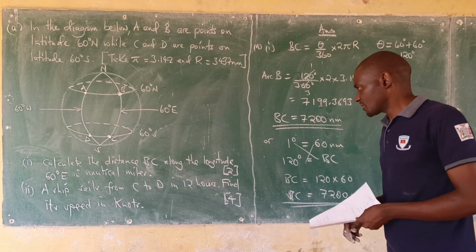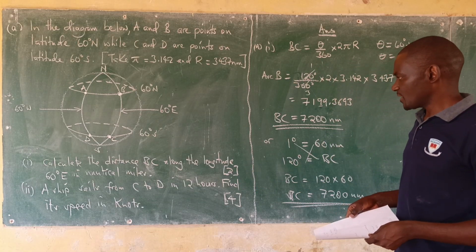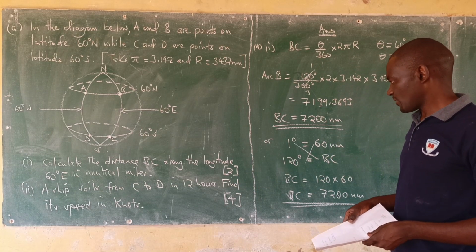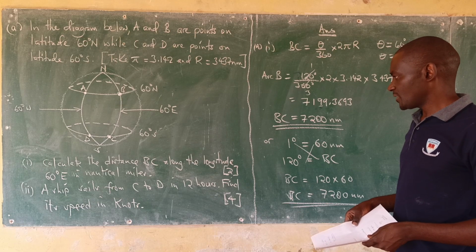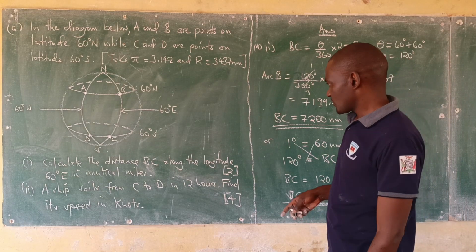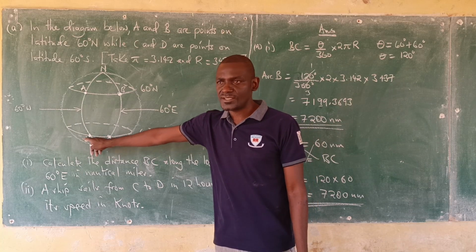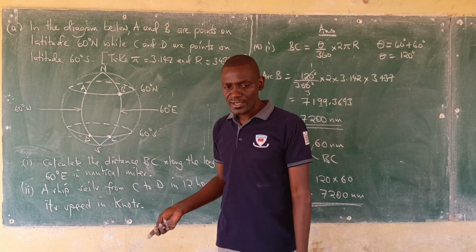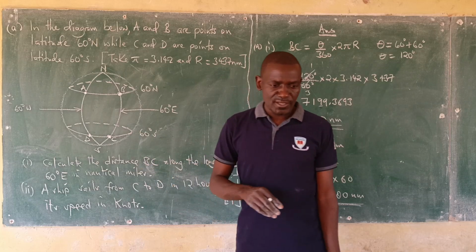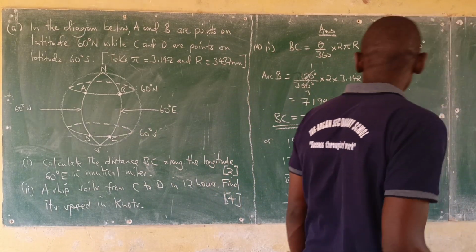The next part says, a ship sails from C to D in 12 hours. Find its speed in nautical miles. So there is a ship sailing from C to point D, and it takes 12 hours. So first of all, we have to know the formula.